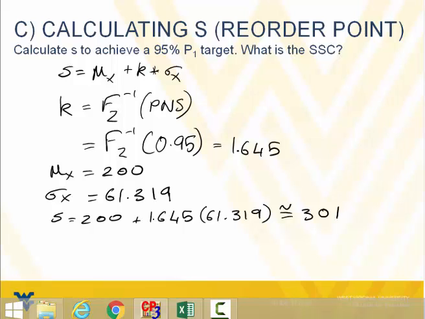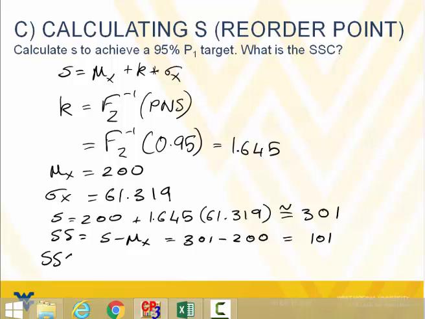So what's our calculation for safety stock? How do we calculate our safety stock? Yeah, exactly. Safety stock is equal to S minus the average lead time demand, which is 301 minus 200, which gives us 101.